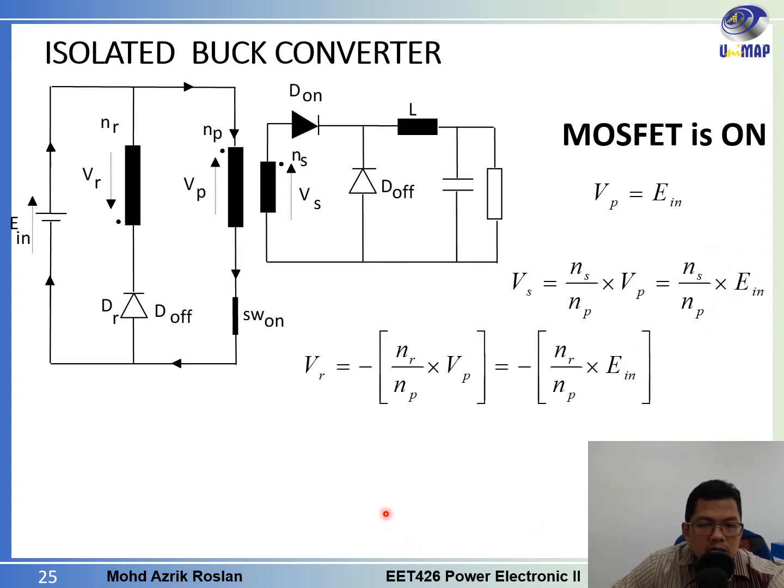Okay, the next one is the VR. VR is the voltage across the reset winding. This is the reset winding. So the voltage here will be negative NR over NP multiplied by VP. The voltage follows the ratio that we have, but we have the negative because of this one. It is also the same as negative NR over NP multiplied by E in. So this is the voltage across the VR here.